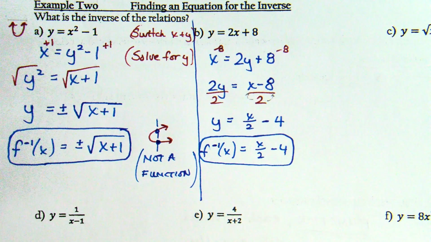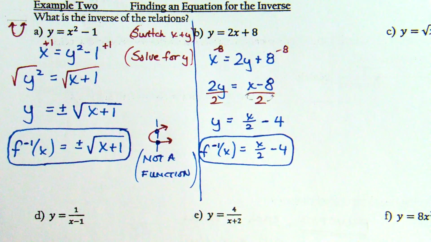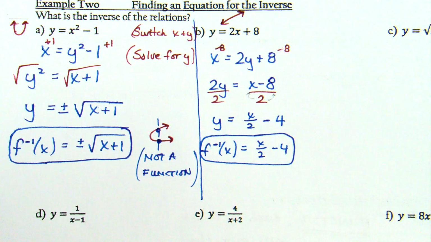So with that in mind, if that's a line, what is it when I reflect it? If you recall, we talked about it reflects over the Y equals X line. What is a line when I reflect it over something? It's still a line, yes? It's just going to change the direction it's going. So if I take that line, I reflect it, it doesn't even really matter how I reflect it, it's still going to be a line.